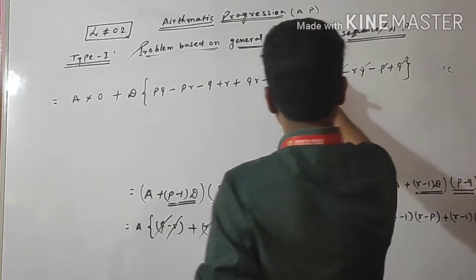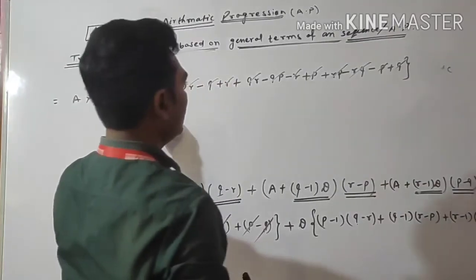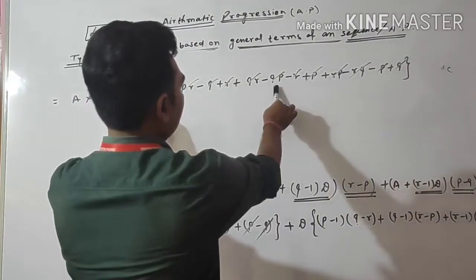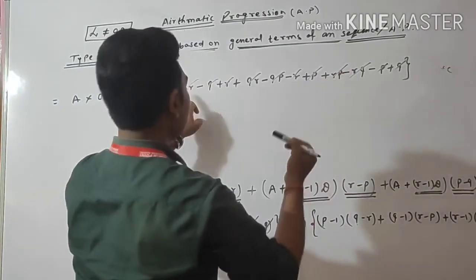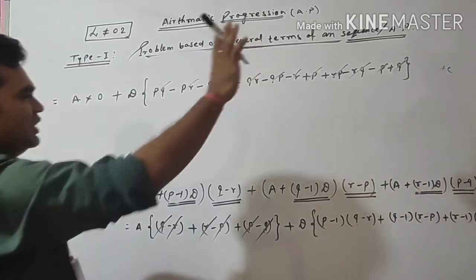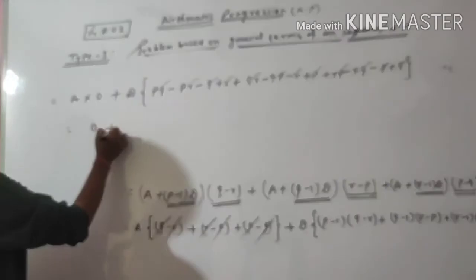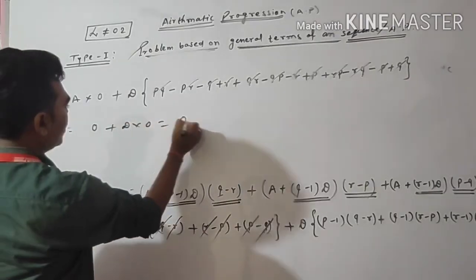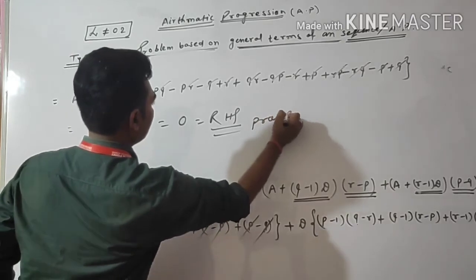And this cancels: pq minus pq, pr plus rp minus rp plus rp, and each and everything cancels, every term. Therefore 0 plus D into 0 is equal to 0, equal to RHS. Proved.